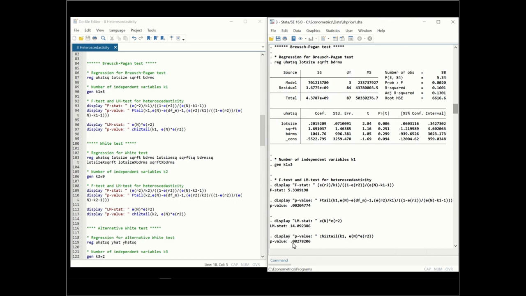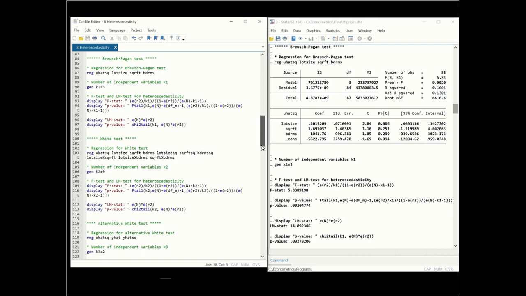So again, using both the F statistic and LM statistic, we are concluding that we actually have heteroscedasticity in the price. So the next test that we would do here is very similar, which is the White test.